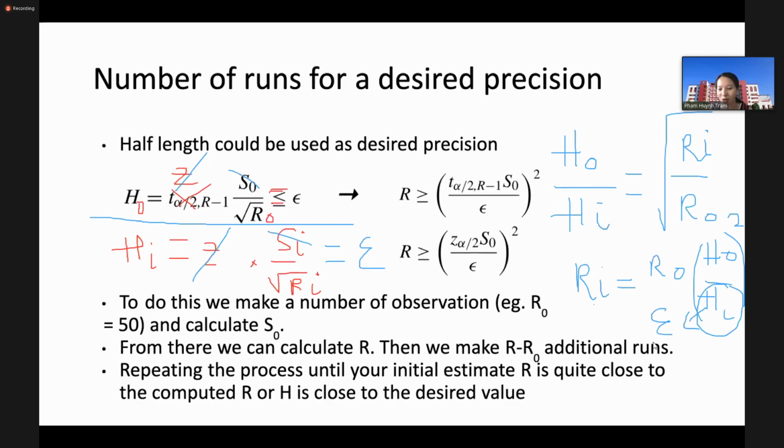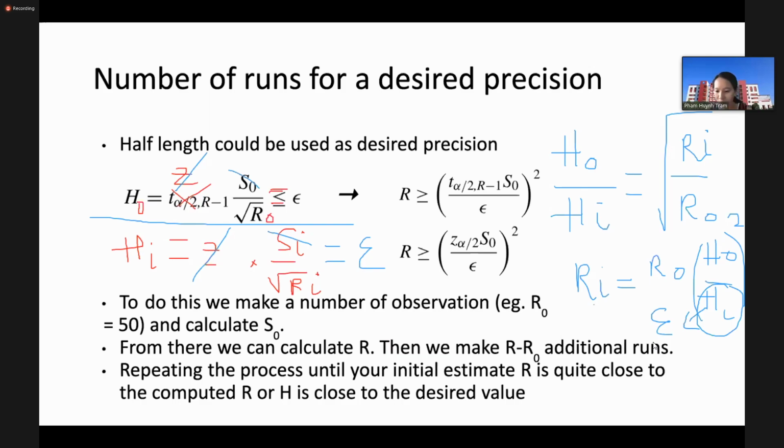All right, so basically you need to run more replications, which is equal to the ratio of the initial half width to the design precision, squared. This is a very rough estimation.